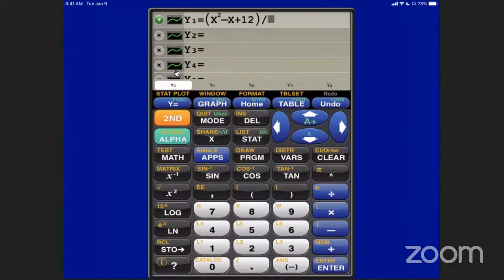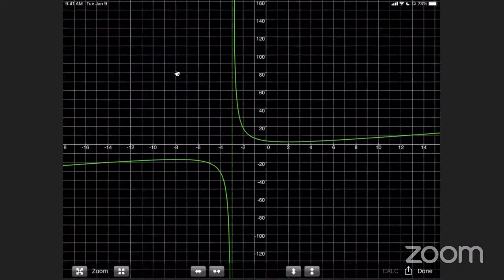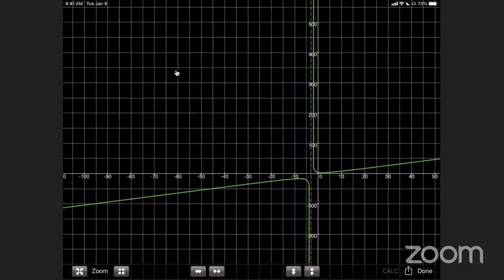It's not cheating, it's not illegal, it's all very smart. Just make sure you put parentheses around it. If I graph it, do you see how that's what I was talking about? Yeah, definitely.